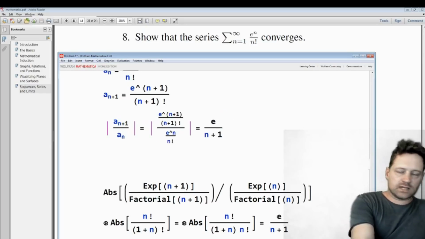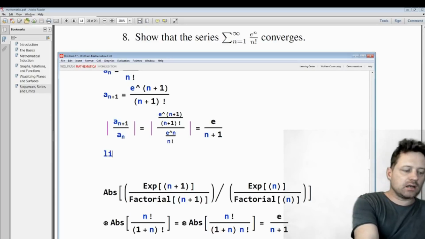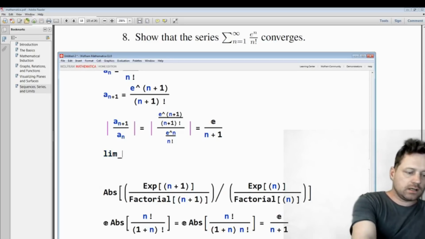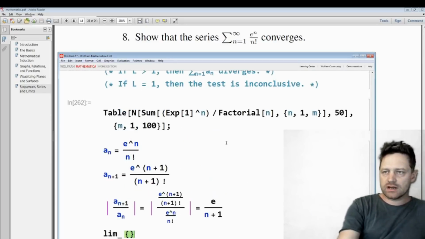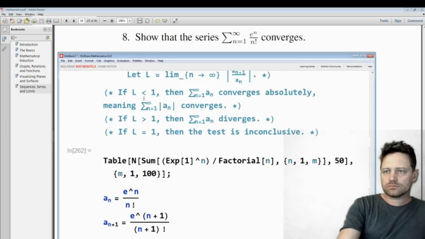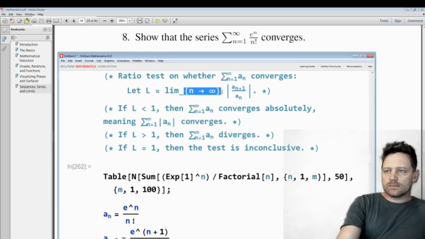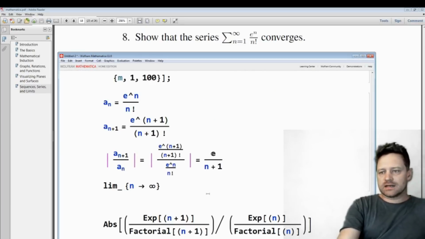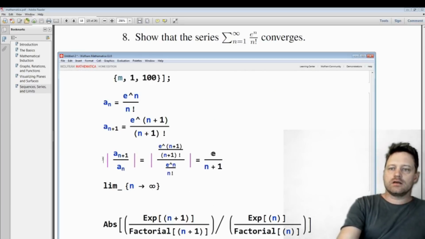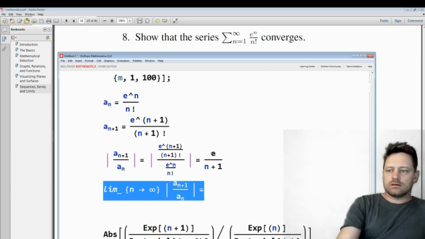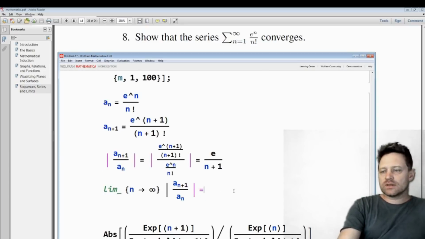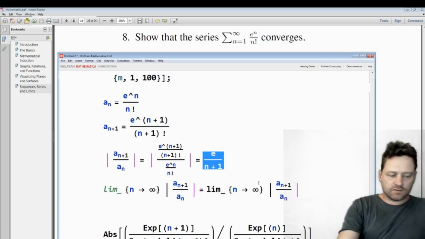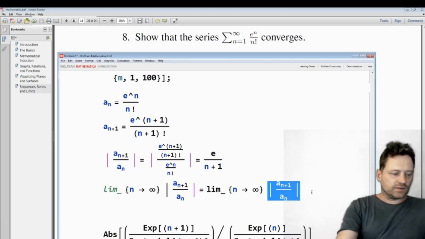The limit as n goes to infinity of this is equal to the limit as n goes to infinity of e over n plus 1.